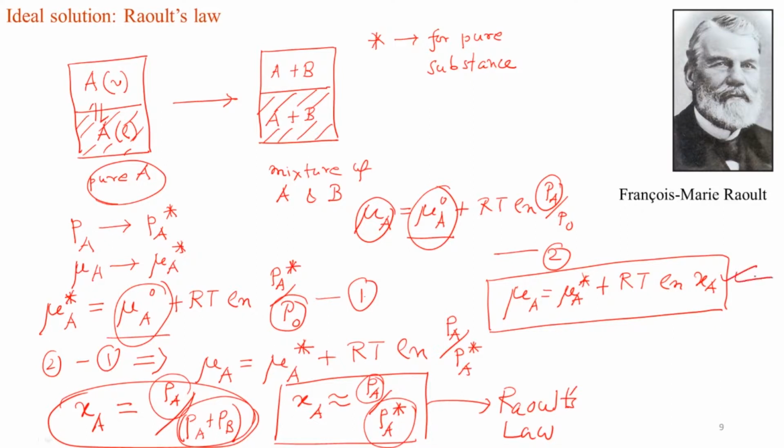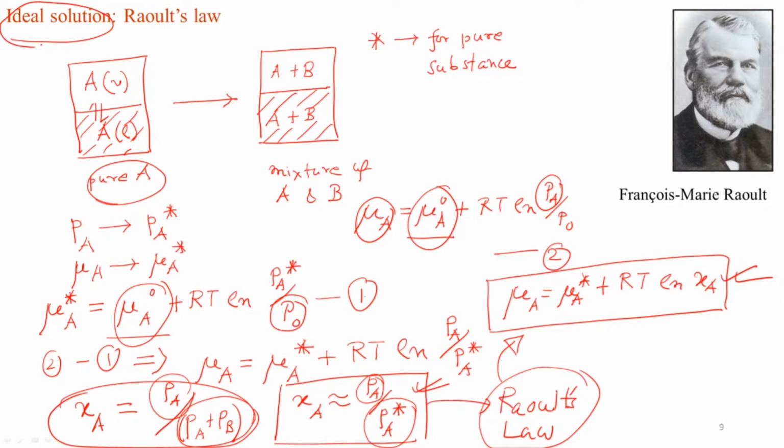Now some textbooks write this as Raoult's law, but it is not very correct, because this is Raoult's law when applied to ideal gases. Now the substances or solutions which follow this equation are called ideal solutions.